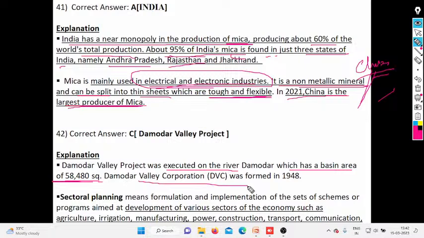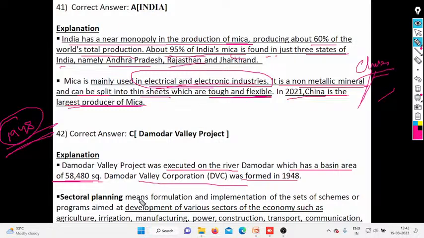Damodar Valley Corporation, particularly, was formed in 1948, ठीक आफ्टर इंडिपेंडेंस.